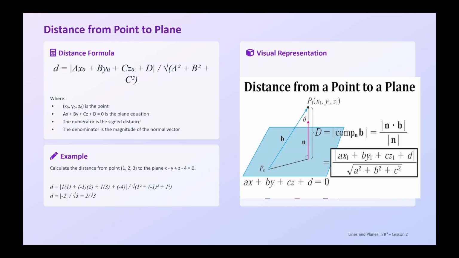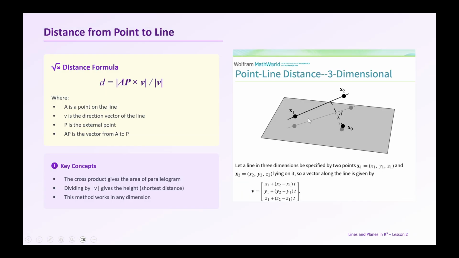This gives the shortest distance because it measures how far the point is in the direction of the plane's normal vector. So this formula clearly determines the distance.